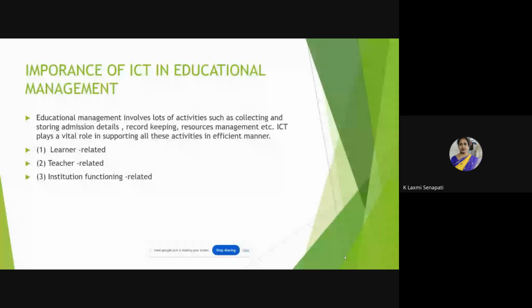So it will help us to plan accordingly. This teacher or this student is very efficient in this field, so we should give such work. Suppose you are very good at math, so a maths class will be allotted to you, or you can be engaged in encouraging the students.